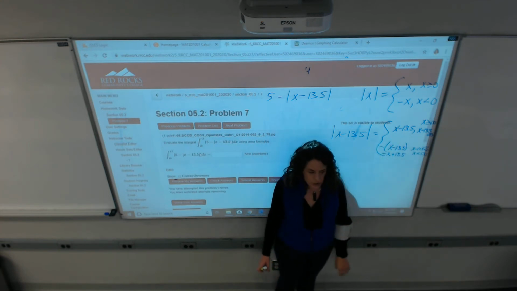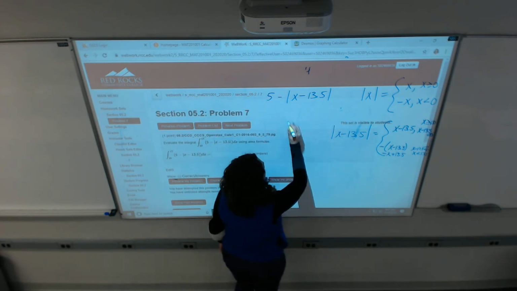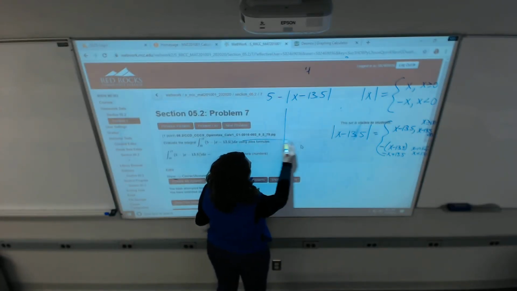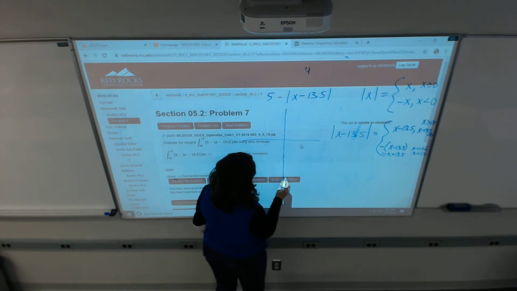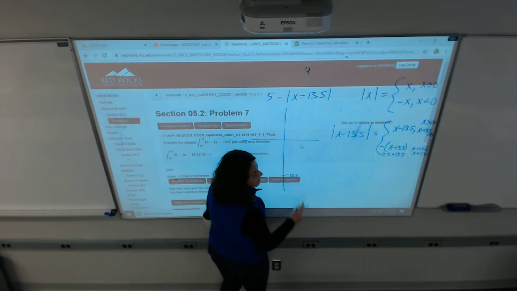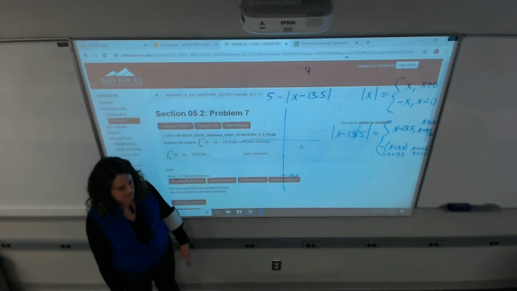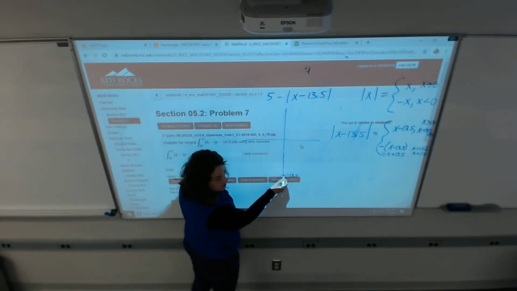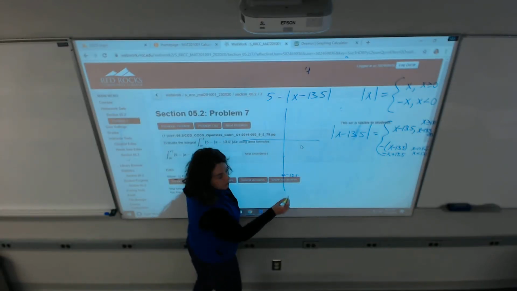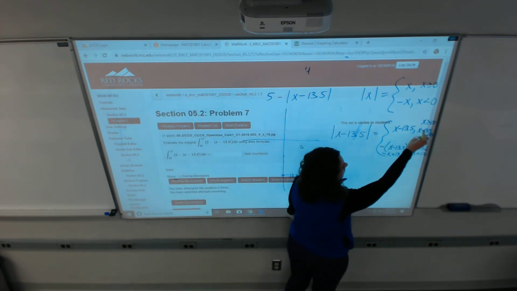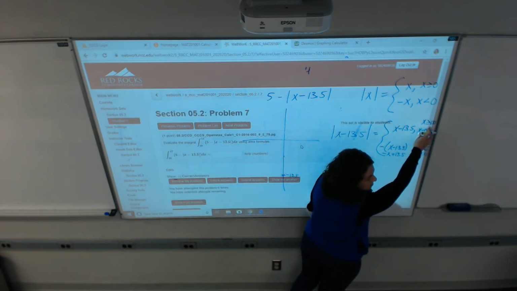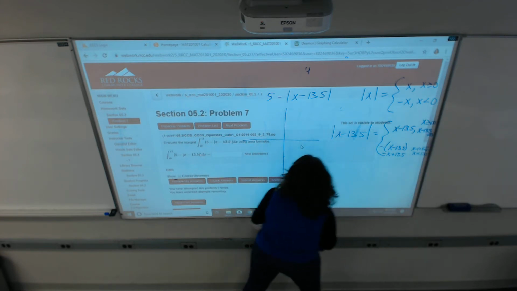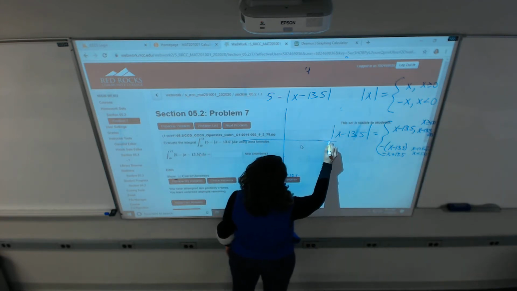What does x minus 13.5 look like? This is kind of a nasty graph. The 13.5 is just obnoxious. Okay. I declare this to be negative 13.5. All right? There it is. Okay, so it crosses the axis here, and then it goes up with a slope of 1. But I'm only supposed to be graphing this from 13.5 out, right? So somewhere over here, I declare it to be there, I have 13.5.